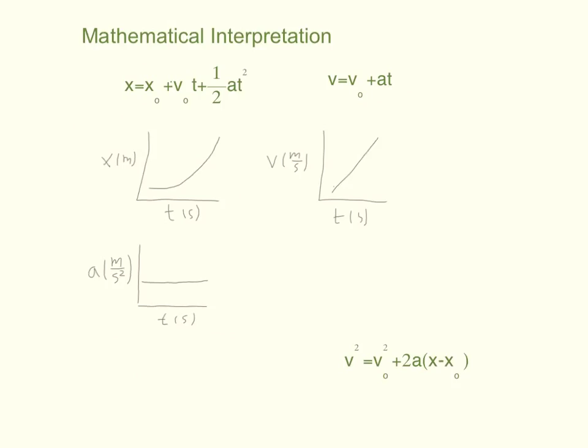The last thing we did in class on Friday was that we looked at, okay, well, now that we have these plots for something undergoing uniform accelerated motion, let's see if we can create a mathematical model or a fit for each of these graphs.